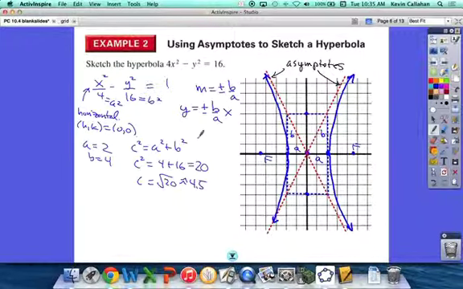What's the y-intercept of both of those lines? Because it goes through the center, and the center is the origin, the y-intercepts are 0. So these are the equations of the asymptotes. Those won't always be the equations of the asymptotes because it's not always centered at the origin. We'll have to make an adjustment for that.